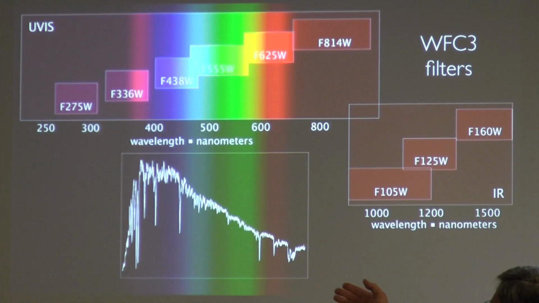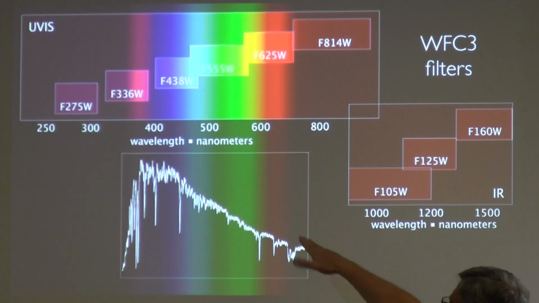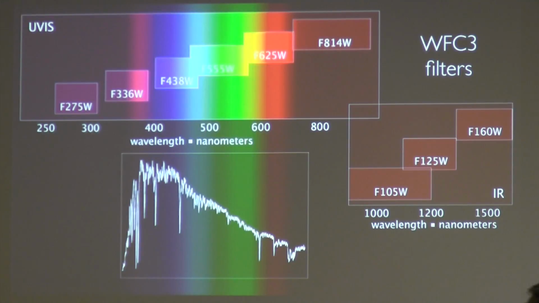But as you can see, it emits light in this large range of wavelengths from the ultraviolet, and most of its light is coming in the blue, and then it tapers off, and it's still emitting all the way through the spectrum into the infrared, but it's much less red light than blue light. So these are the kinds of filters that we would use to sample that light and observe this star.